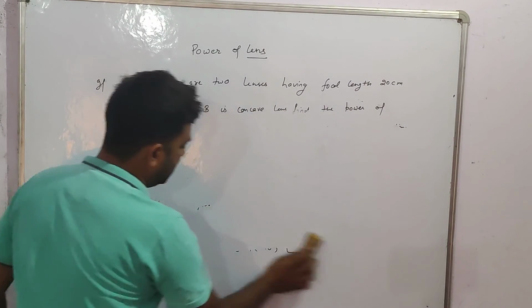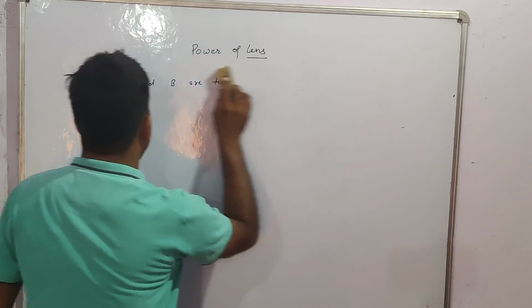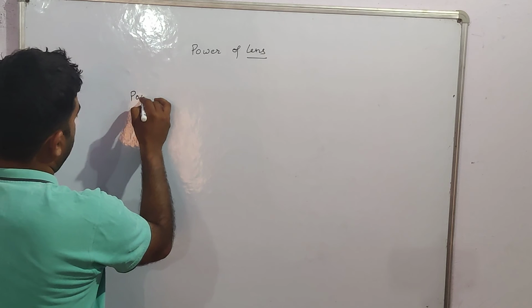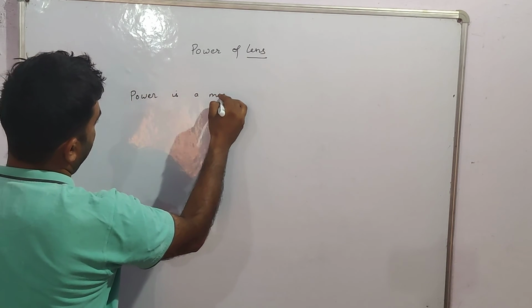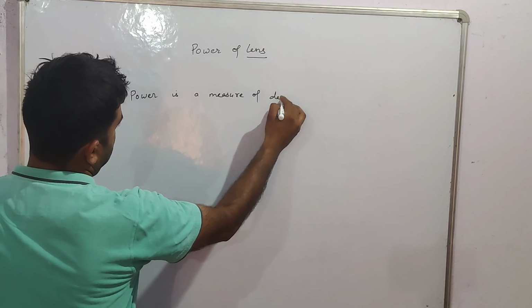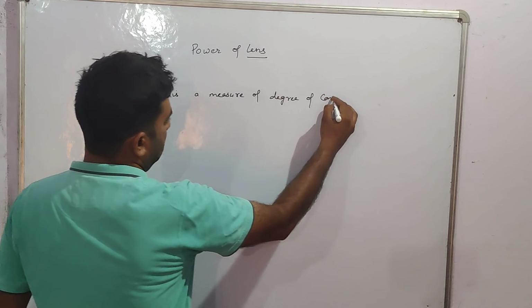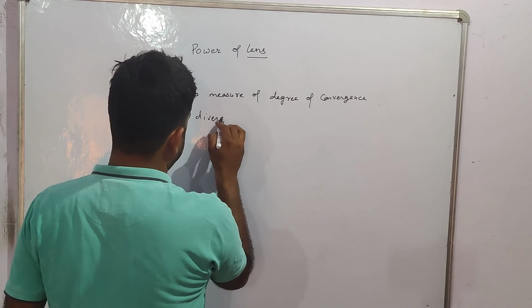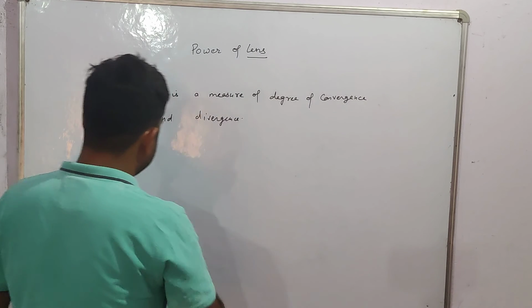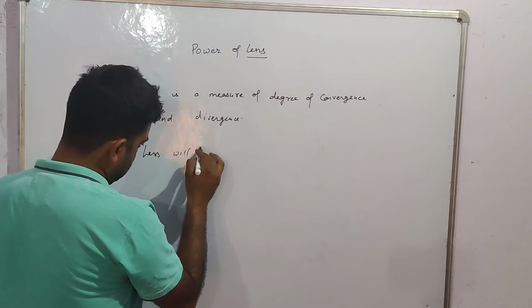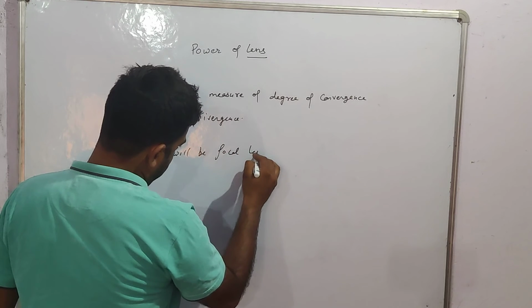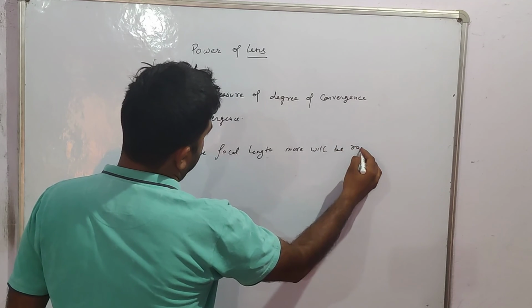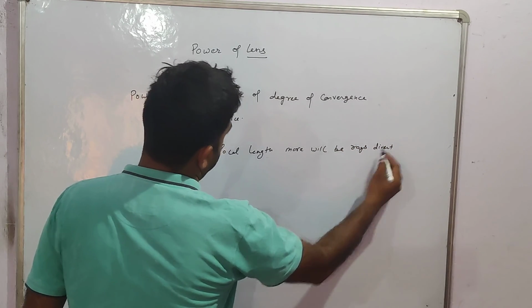Dear student, one more thing is here. Power of a lens is the measure of the degree of convergence and divergence. Less will be the focal length, more will be the rays diverted.